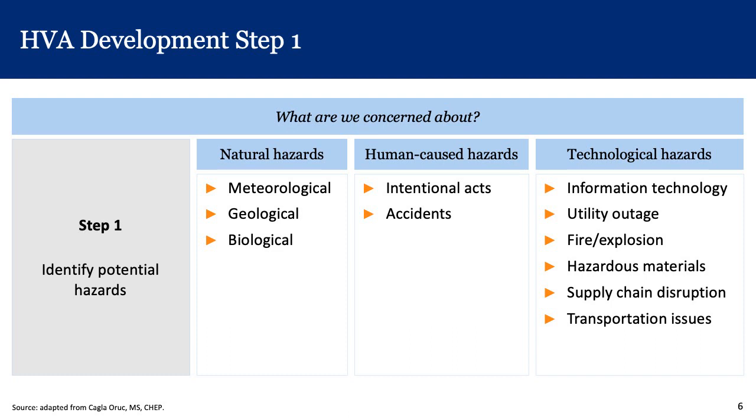And importantly, the nature of the hazards that could impact a given community differ from one community to another. For example, in South Florida, a snowstorm is not a likely hazard, obviously. In northern Minnesota, absolutely. So again, to this point, HVA development entails identifying potential hazards that are germane to the community that's conducting the respective hazard vulnerability assessment.